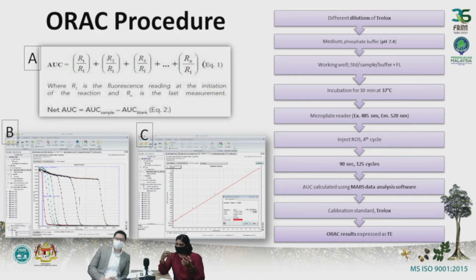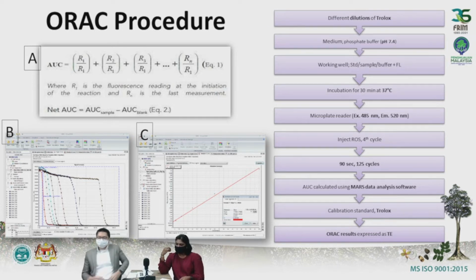Then you proceed with the reading. For the assay to complete, it will take about 125 cycles, with each cycle about 90 seconds. So you can see the curves in figure B. So that is the complete experiment. And the calculation of the area under the curve is done using the MARS data analysis software.